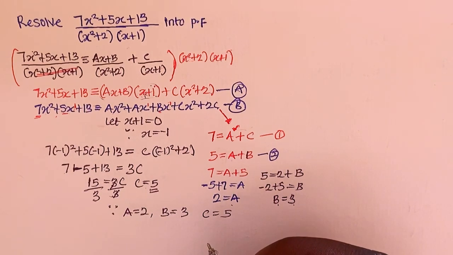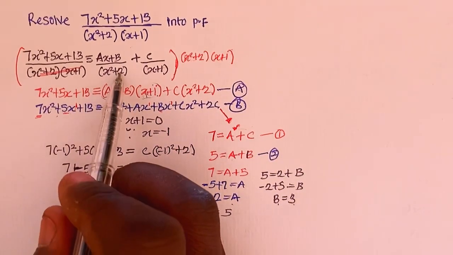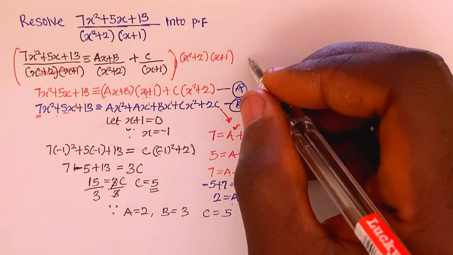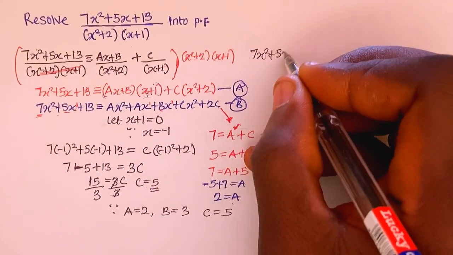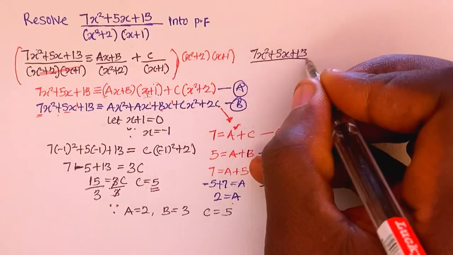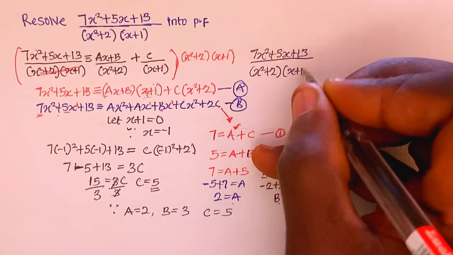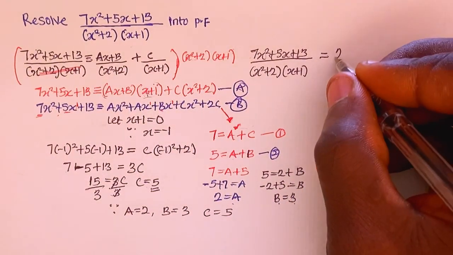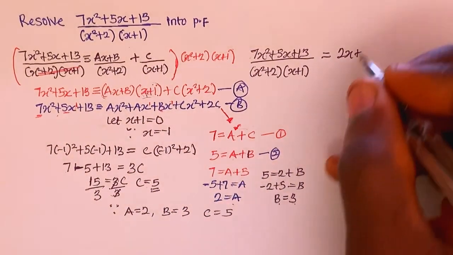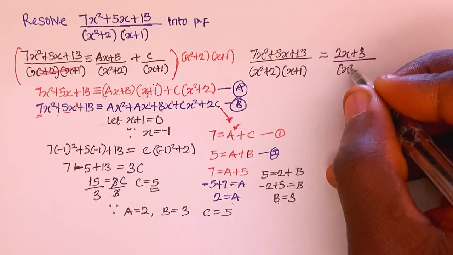So now, without wasting our time, it's very simple. I'll just come back to this expression. This expression is equivalent to this, so I'll have 7x squared plus 5x plus 13 divided by x squared plus 2 into bracket x plus 1, is equal to, now A is 2, that will be 2x, plus B, which is 3, 2x plus 3 divided by x squared plus 2.